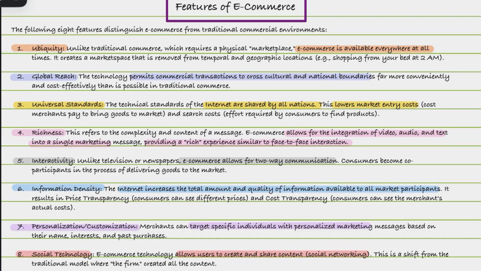So we are using social connections, we are using social technology to share about our product, and to get the product reviews, to empower the people, to allow their channel or their network to have the information about your product, right? Influential marketing, you ever heard of? So these are the eight major features of e-commerce which you can mention in your exam if asked.